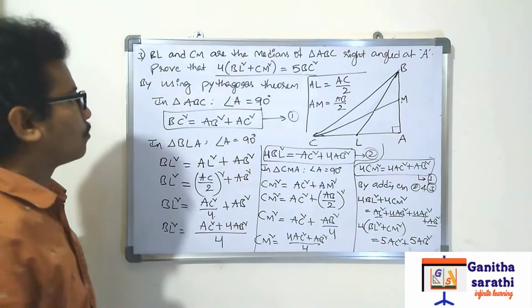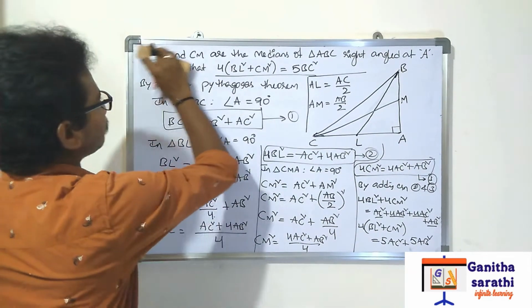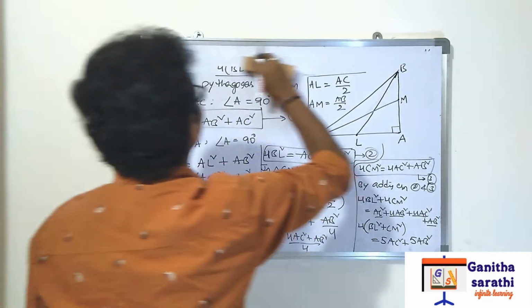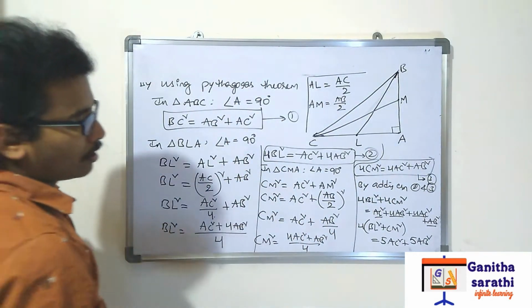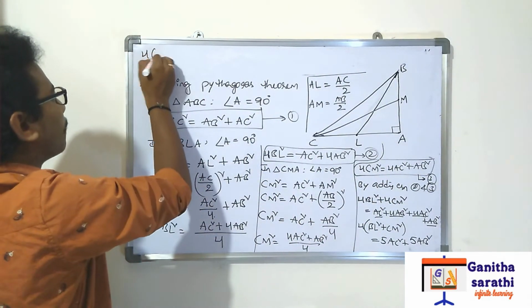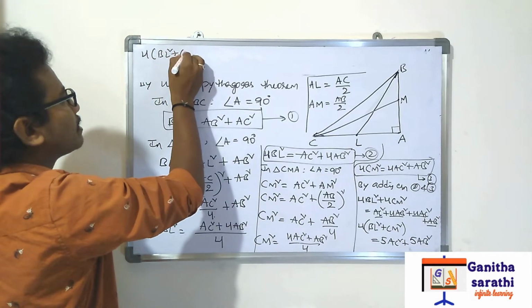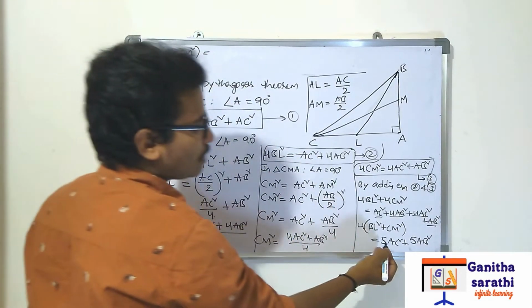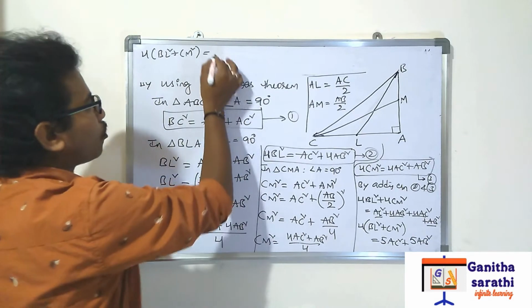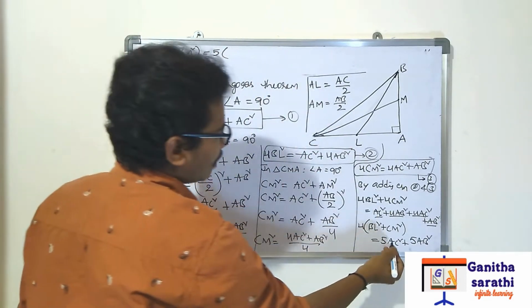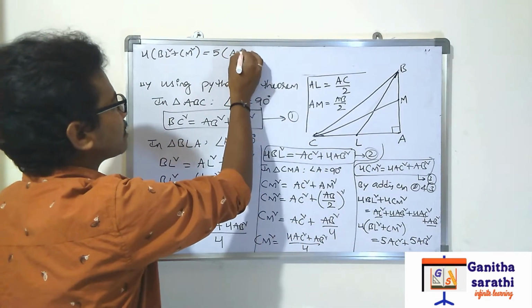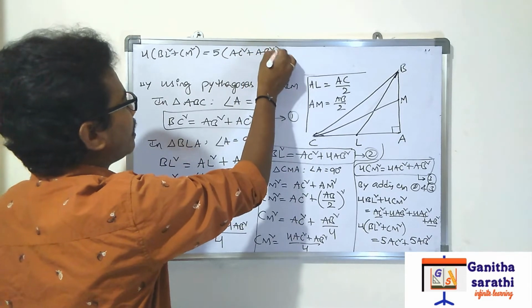Now see here. In these two terms you can take 5 as the common factor. What is remaining? AC square plus AB square.